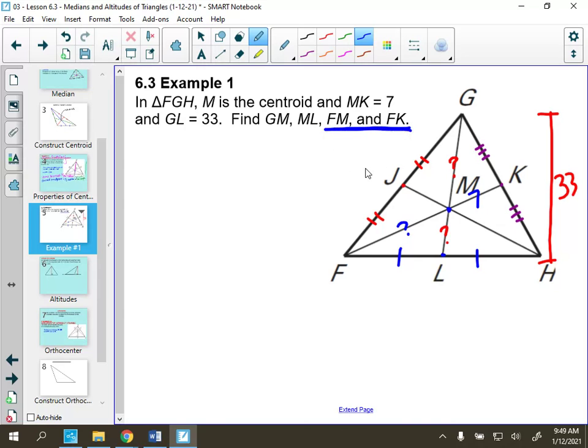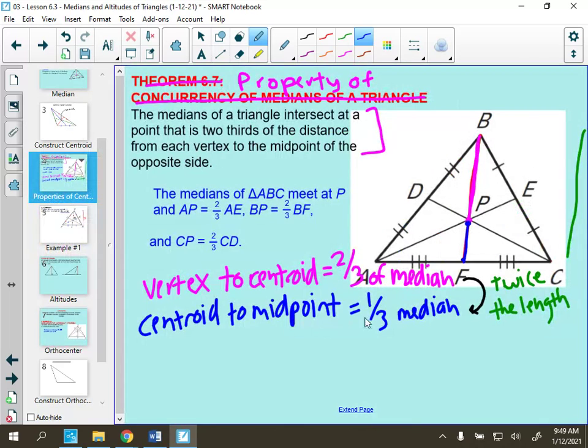Okay. So going back to what we just talked about, if I take the very last thing we wrote here, hopefully, that the smaller portion from the centroid to the midpoint is half this length. We said the pink one was twice as long. Another way of saying that is the blue one is half as big as this one.